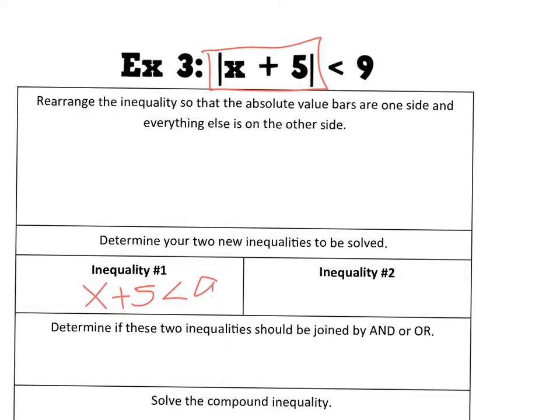It's what I started with, but without the absolute value bars. Inequality 2 is going to still stay x plus 5, but I'm going to switch it from a less than to a greater than, and I'm going to change the sign of the right side, so negative 9. I need to determine if these two inequalities should be joined by "and" or "or." I started with a less than, so that means I'm going to combine them with "and."